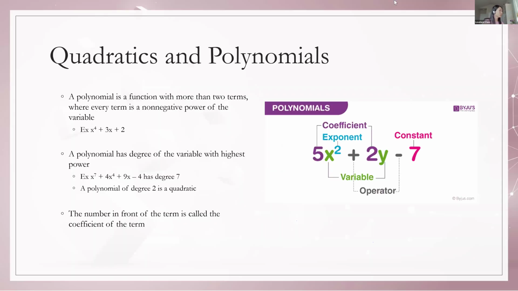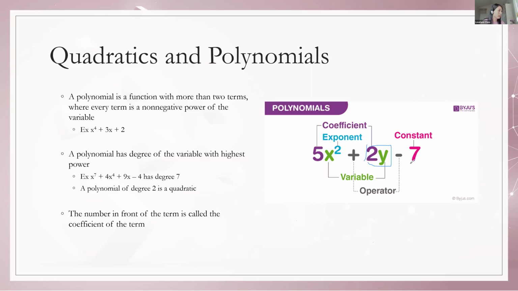So today we're doing quadratics and polynomials. I think I pretty much covered this slide already. It's just the names of these things. So this entire thing, with a variable, is called a term.